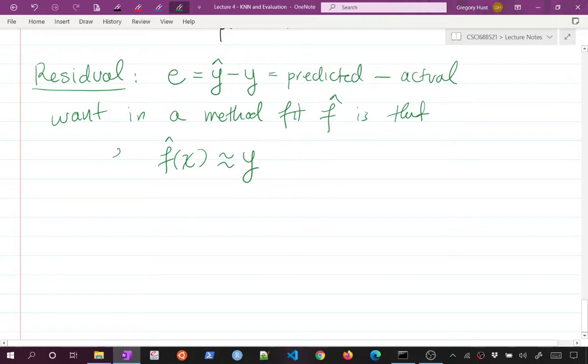F hat of x, of course, is what we're calling y hat. So we really want y and y hat to be close, i.e. a small residual. In general, we want small residuals.